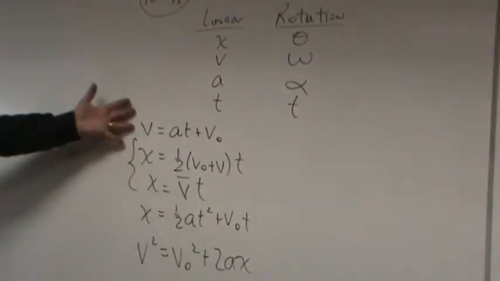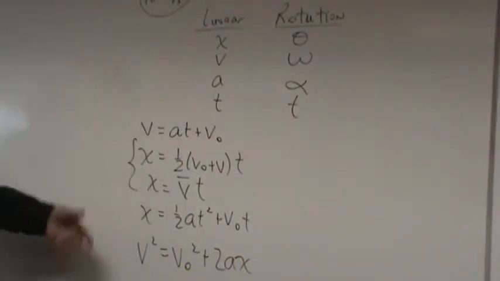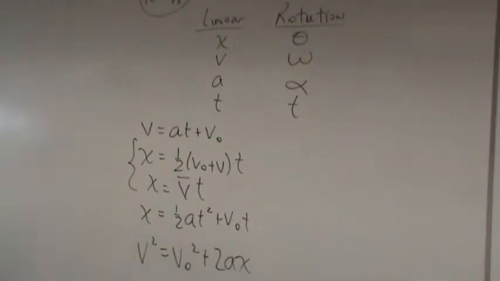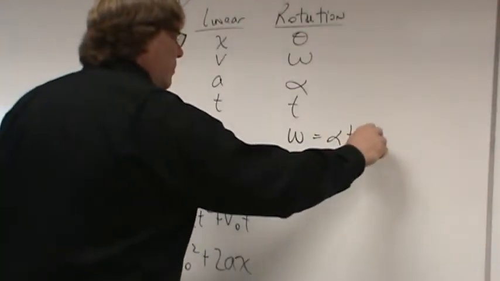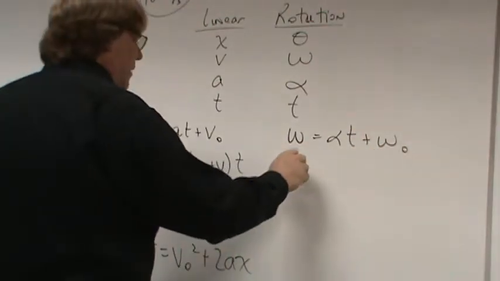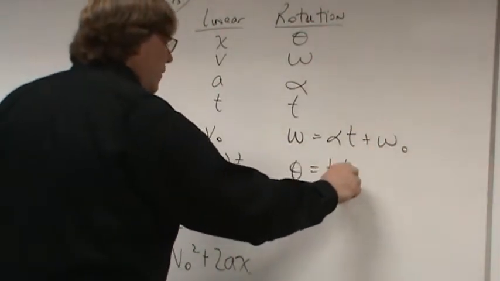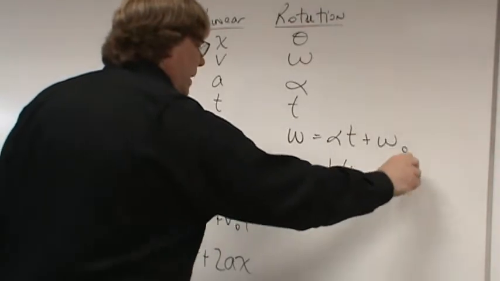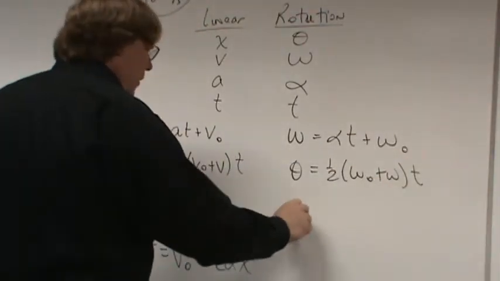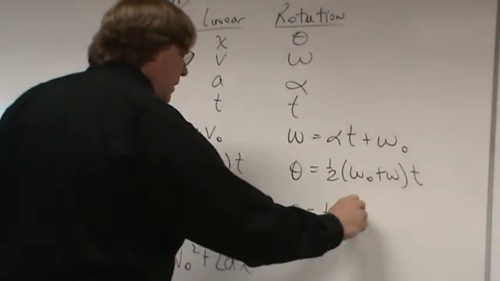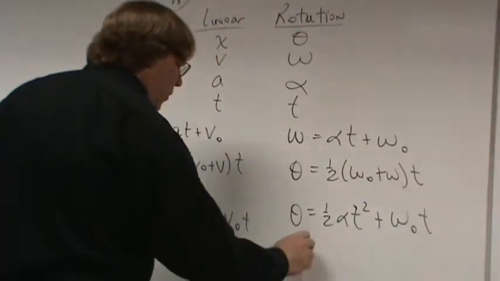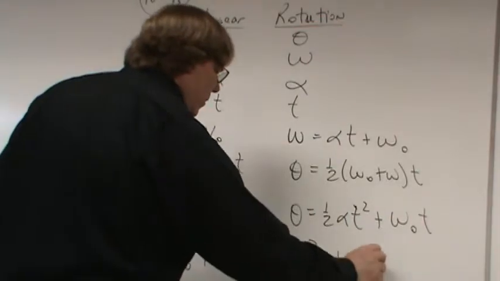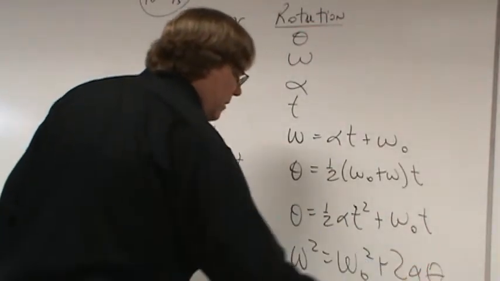Well, just as we have these equations in linear land, we have the same equations in rotation land. Only now it's going to be omega equals alpha t plus omega naught, and theta equals 1/2 (omega naught plus omega) times t, or theta equals 1/2 alpha t squared plus omega naught t, or omega squared equals omega naught squared plus 2 alpha theta, right?